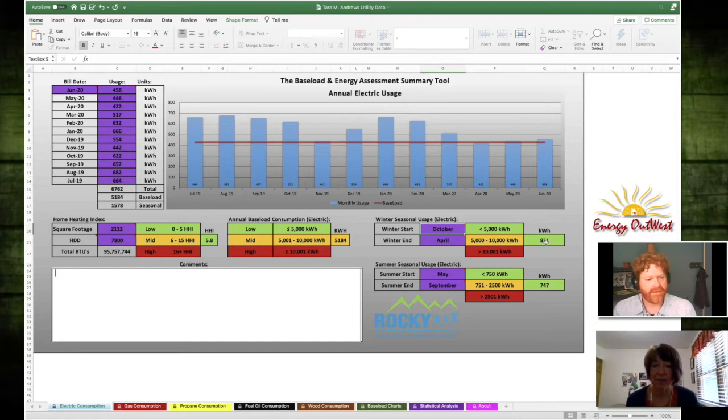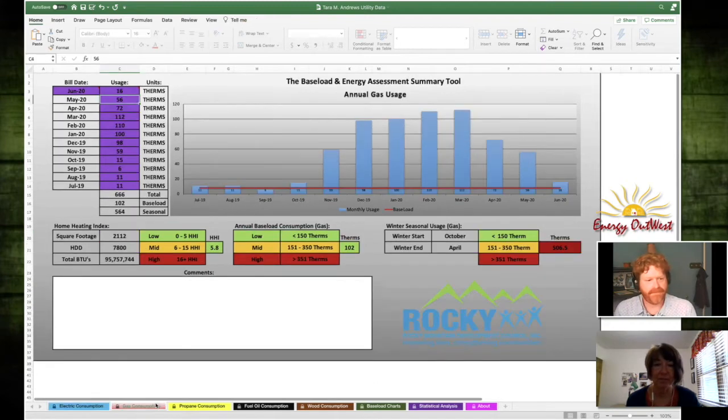And then Wyatt, if you wouldn't mind going to the gas page. All right, and so the base load consumption for the gas was in the low range. So my assumption there is that the water heater is gas, but that you are pretty judicious about taking short showers.